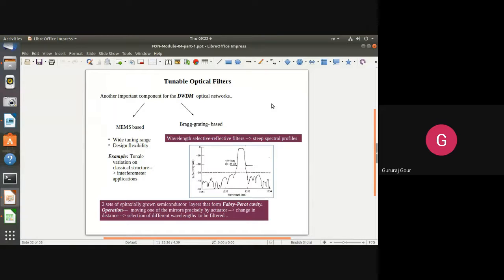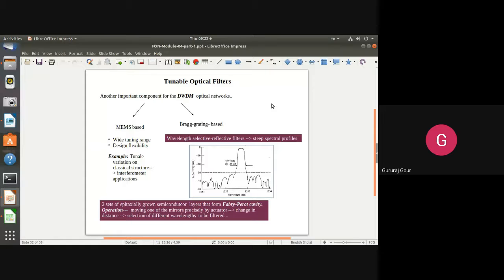that is, dense wavelength division multiplexing optical networks. They are of two categories. Either MEMS-based tunable optical filters, which provide a wide tuning range and design flexibility, for example tunable variations on classical structures like interferometer applications. We have seen interferometer applications used in thin film filters and Fabry-Perot cavity resonators.